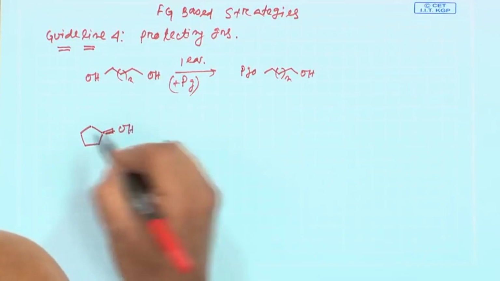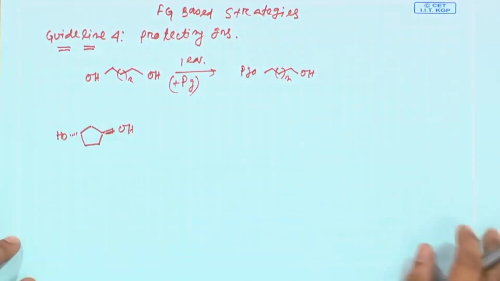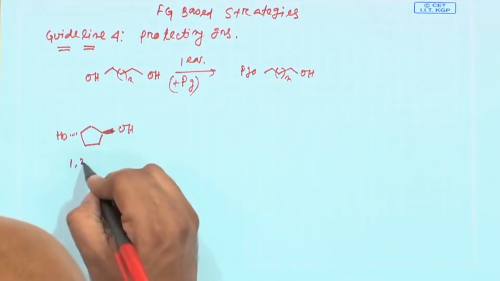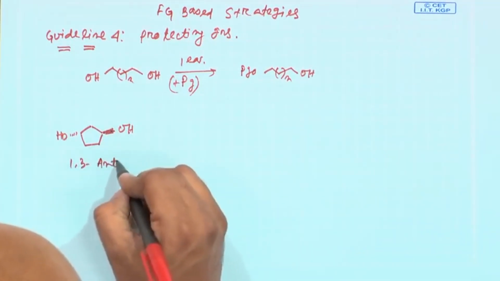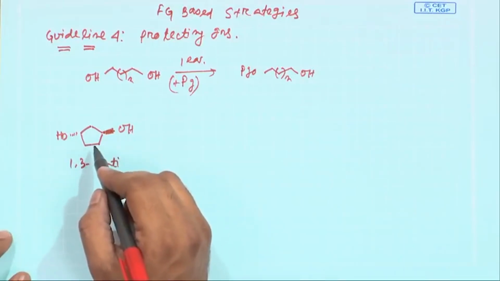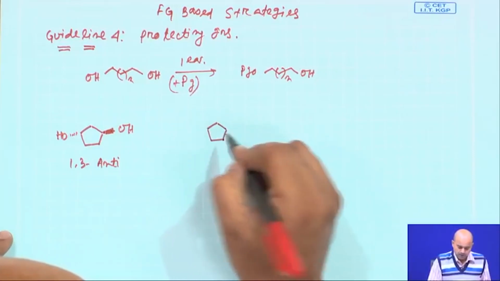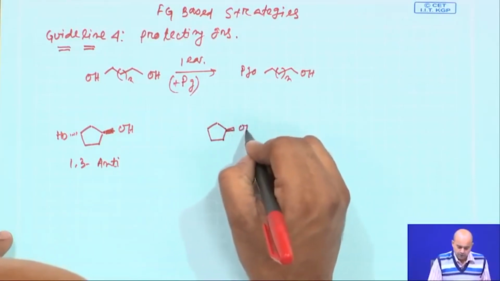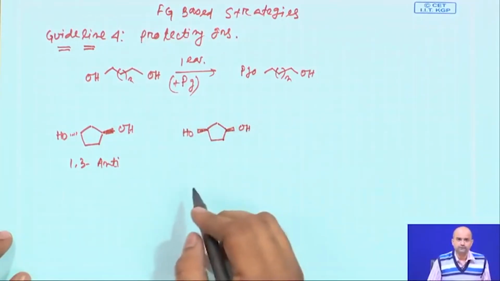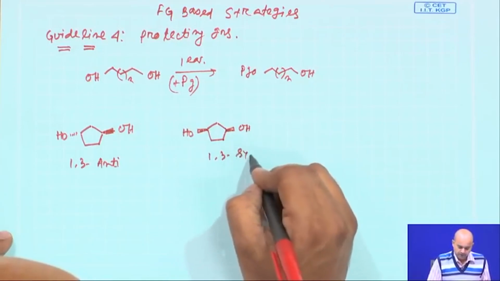I have given a molecule where the stereocenters were given, so that these two OH are 1,3 anti, and this molecule is enantiopure. Now, there is another stereoisomer of this molecule, with this structure, which is 1,3 syn or cis.